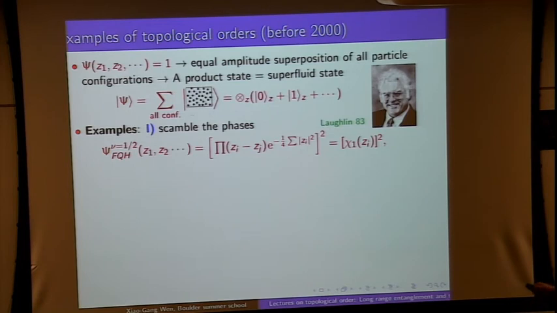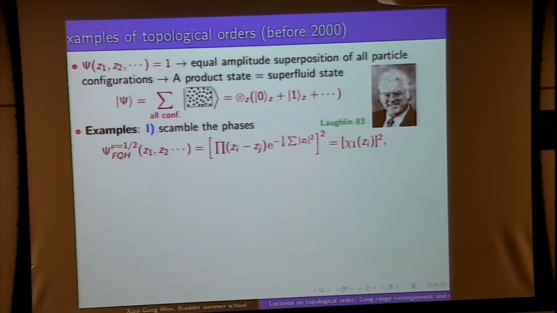So now it's still a superposition of all particle positions, but we have a very non-trivial phase. This phase factor, z_i minus z_j, can change wildly. So that's one way to scramble the phase. When you scramble the phase, you have a good chance to get some topologically ordered states.